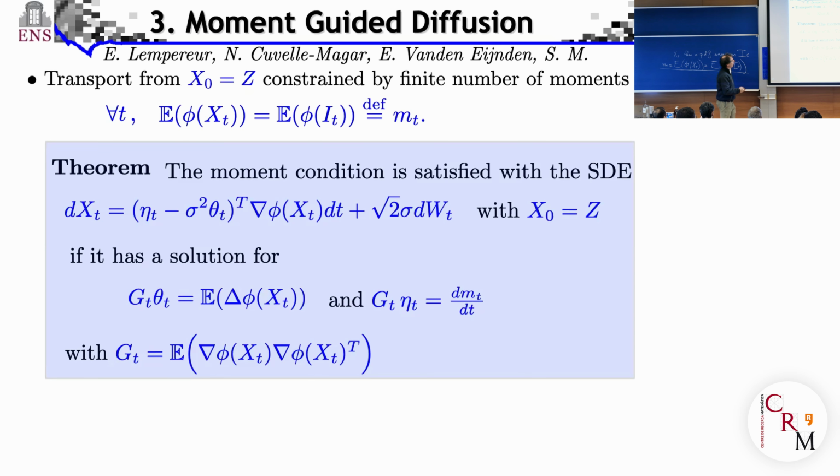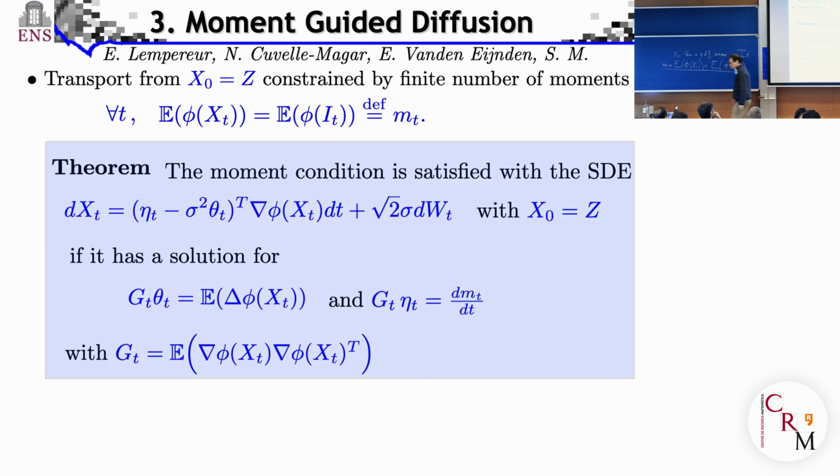As a consequence, as I said, the PDE is going to have a much simpler form. And in this vector over there, you have two terms exactly like in the previous PDE. You are going to have one term that is going to impose that the moments are going in the right direction.